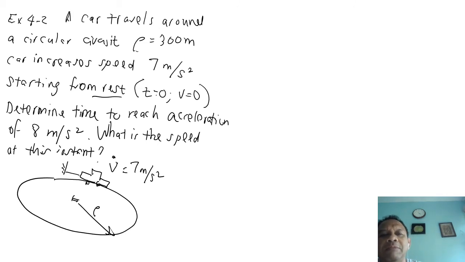So what do we mean by acceleration? Assuming that this is the magnitude of acceleration, the magnitude is the square root of tangential acceleration squared plus normal acceleration squared.